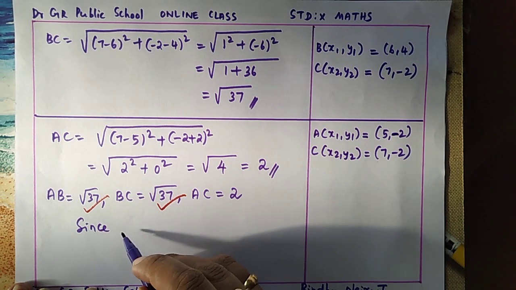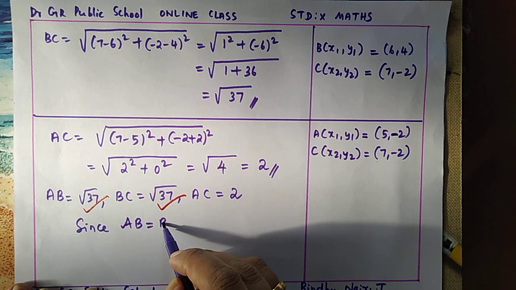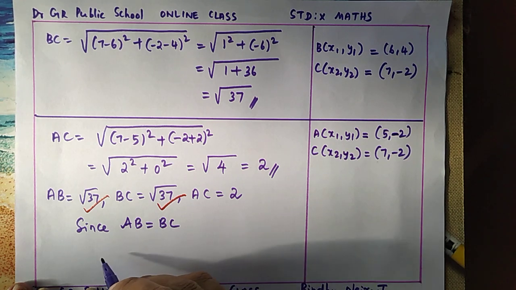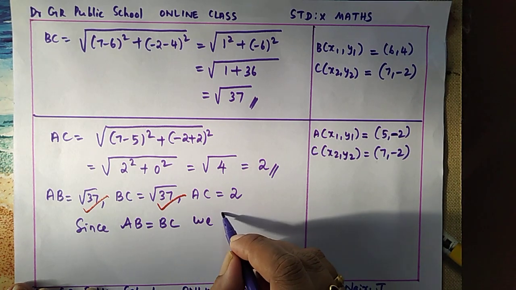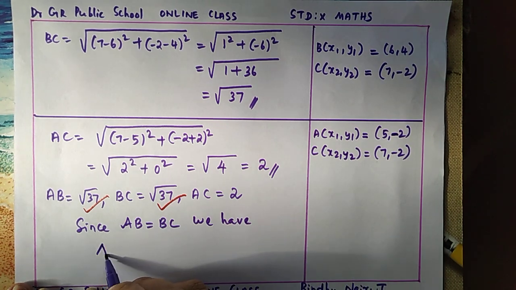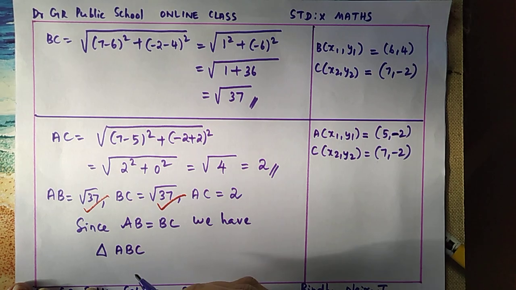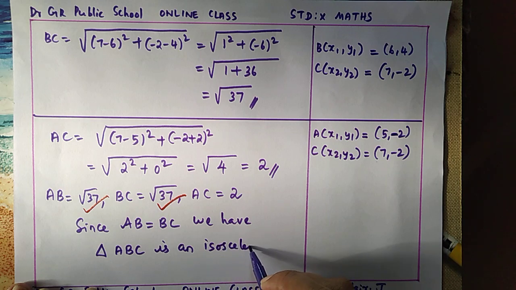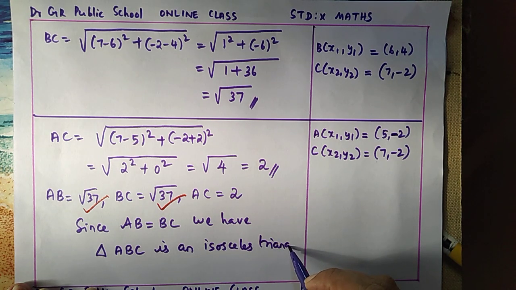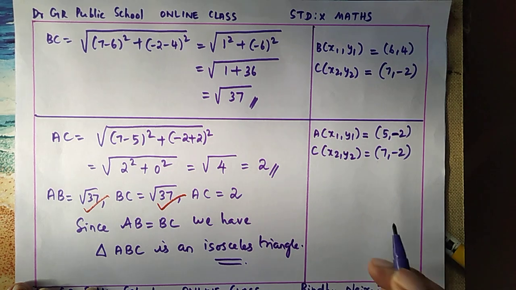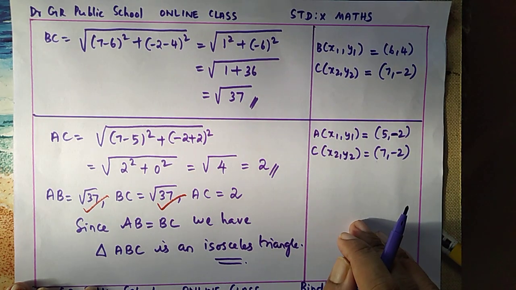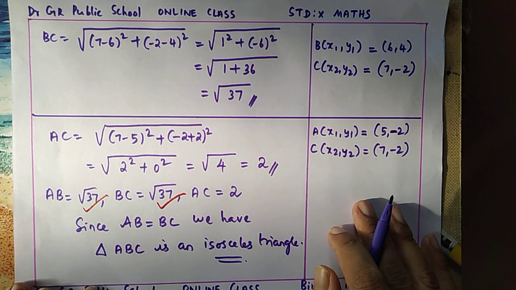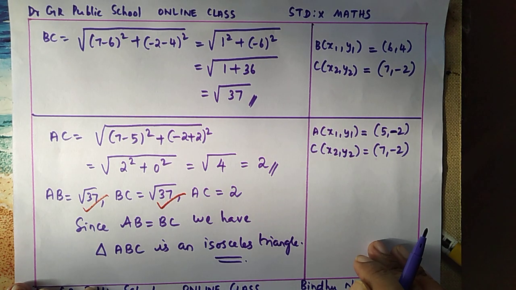Since AB equal to BC, that is any two sides length is equal, we have, what is our triangle? ABC is an what triangle? Isosceles triangle. So thus we concluded this triangle is an isosceles triangle. Okay. Hope you understood the problem very well.